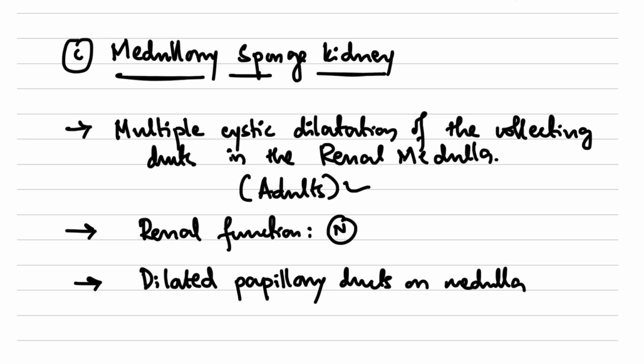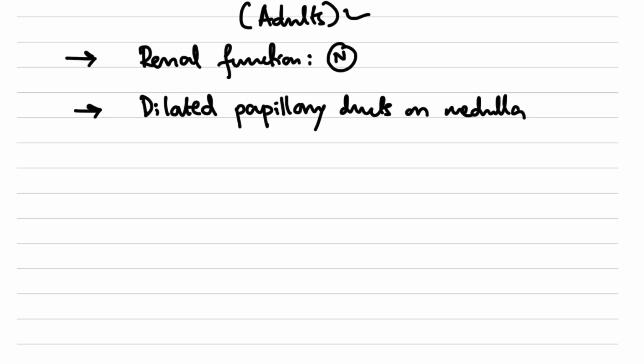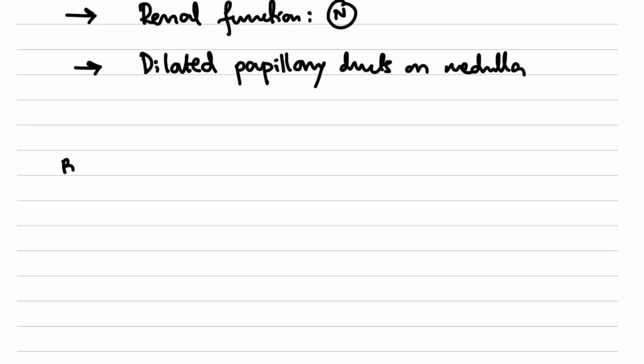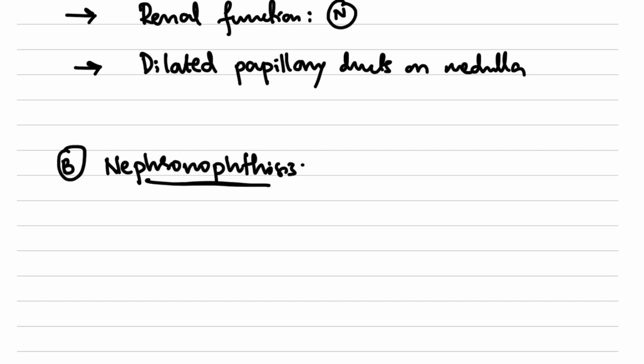The fourth type of disease we have is nephronophthisis. Let's look at nephronophthisis. What is nephronophthisis?